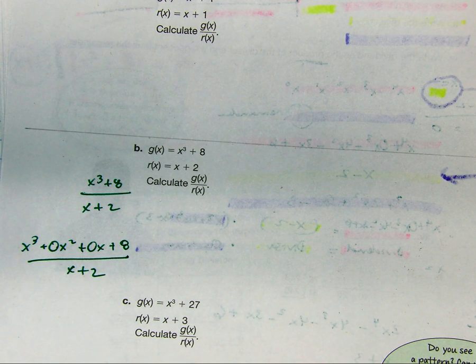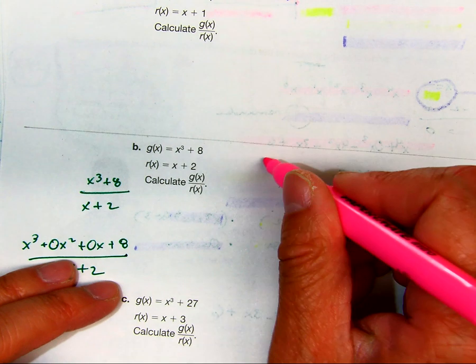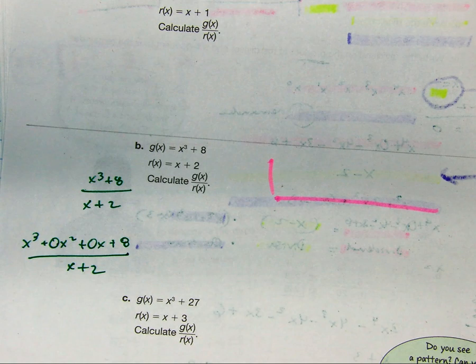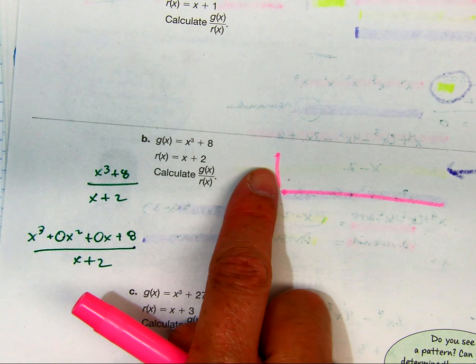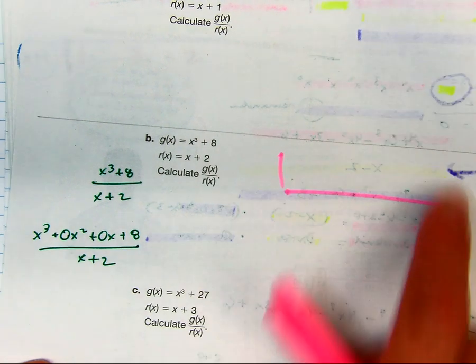Now we're going to use synthetic division. Partner A tell partner B, what are you going to write on the outside and on the inside? Ready, set, go.